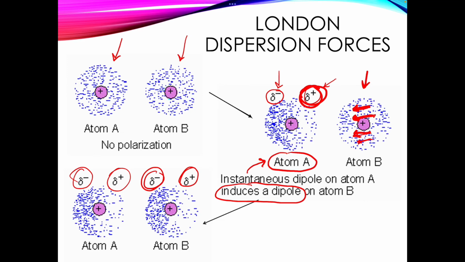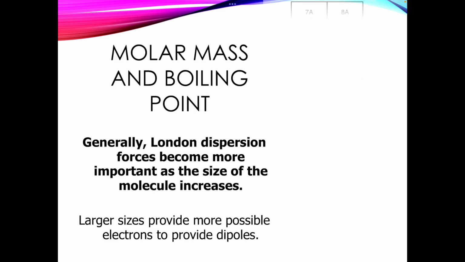The electrons happen to be on one side of the atom, so that side became partial negative and the other side became partial positive, and that made a neighboring atom make a dipole. Since their partial negatives and partial positives line up, now there's an attraction between these two atoms. Again, it's going to be a very weak attraction, because these dipoles are just going to hang around for a second and then go away. And then it's going to happen again and they're going to go away. So these interactions are very, very weak, but they do happen.